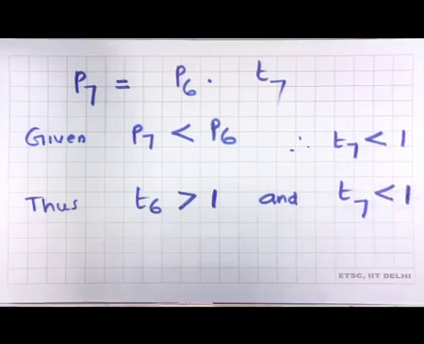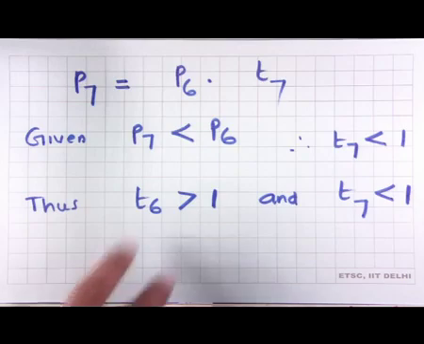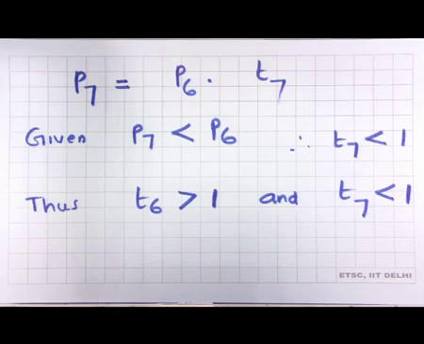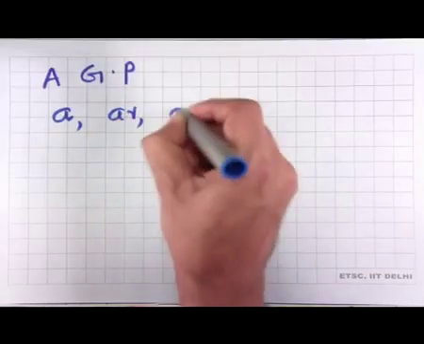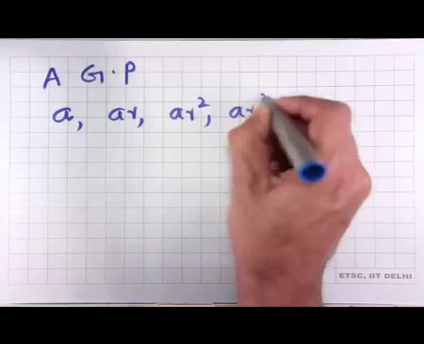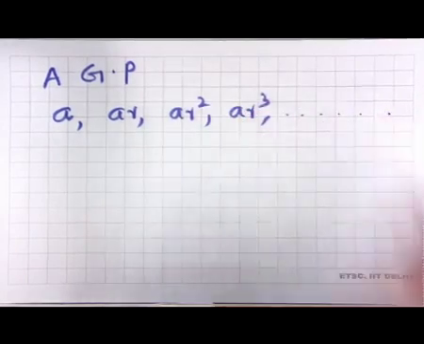The only information that remains is that the second term of this GP is 1000. So, let us connect this T6 and T7 with the second term. Remember, a GP is of the form A, AR, AR square, AR cube and so on.